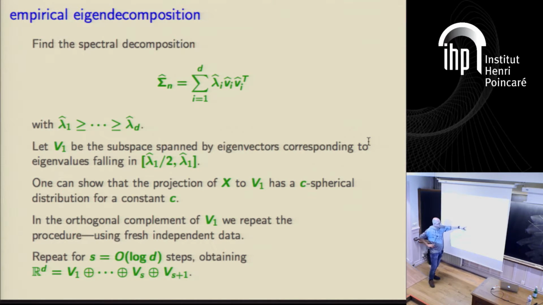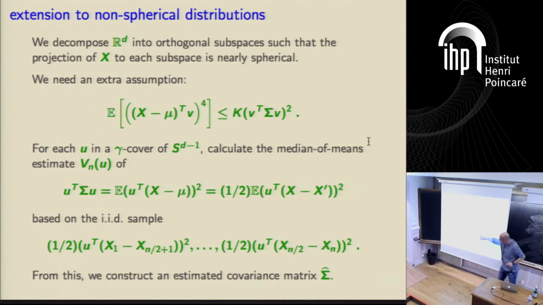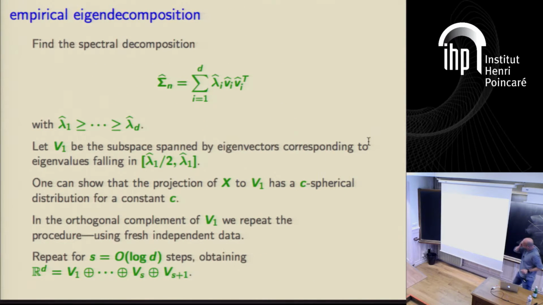It follows from the previous; you have to pass from the discretization to the non-discretization. It's not difficult, that's really not hard. So this is going to be close to lambda 1 within a constant factor, and therefore the projection of X to this subspace is almost spherical.